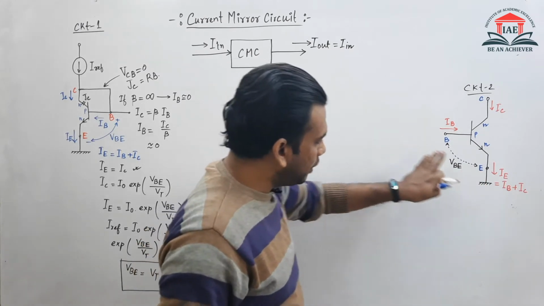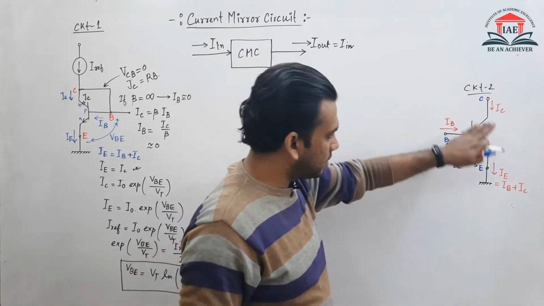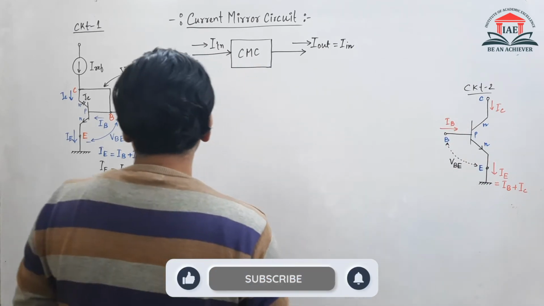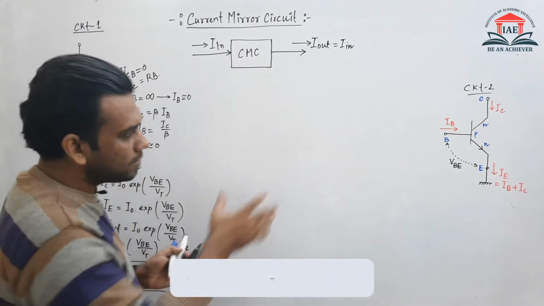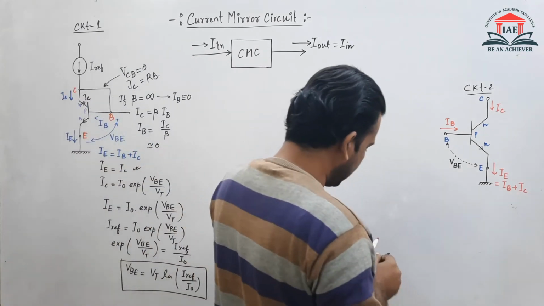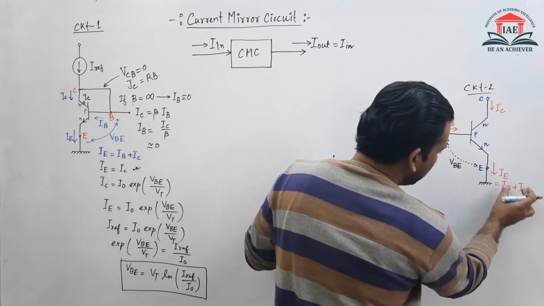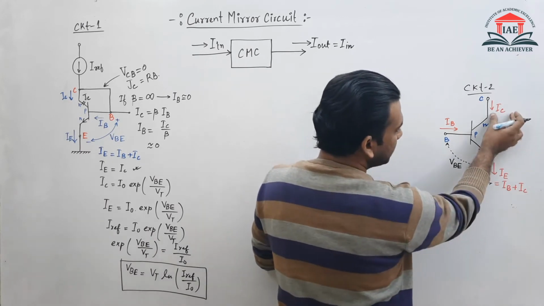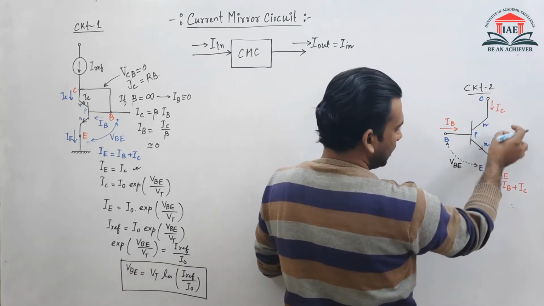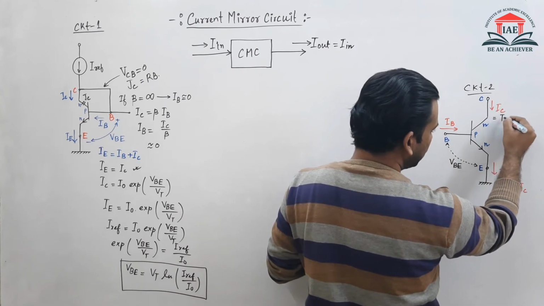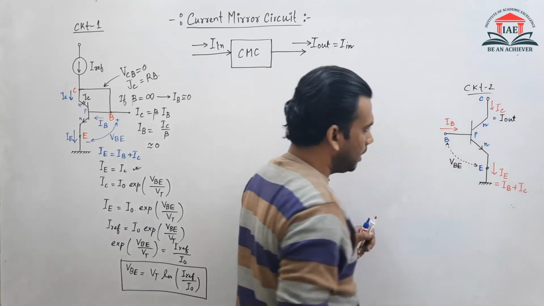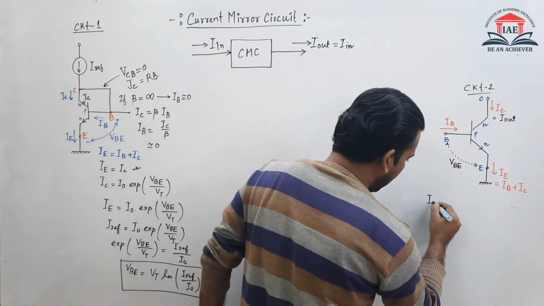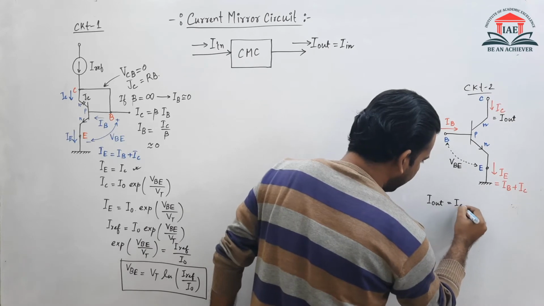So this is the voltage and the current inside this circuit. Now, the same current equation that I put in the first circuit can be put here. I equals IB plus IC, and in this equation you can see this IC current, the collector current, is nothing but the output current, I out. So I out is equals to IC.